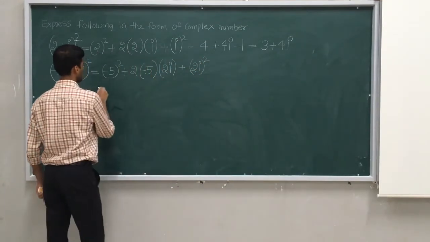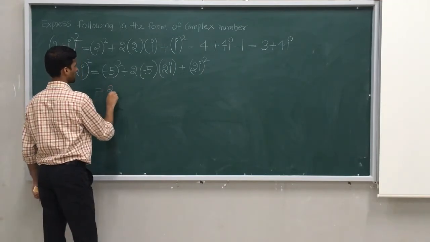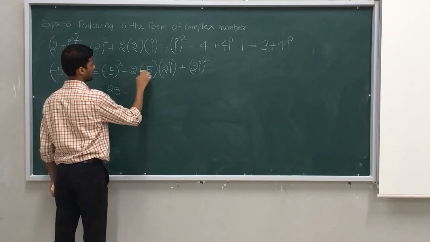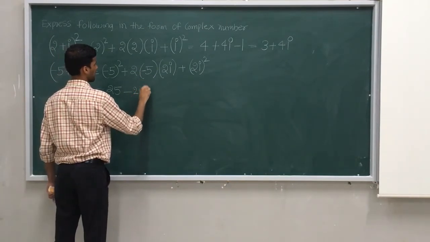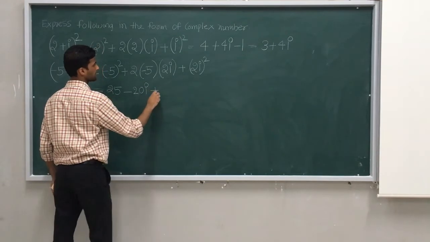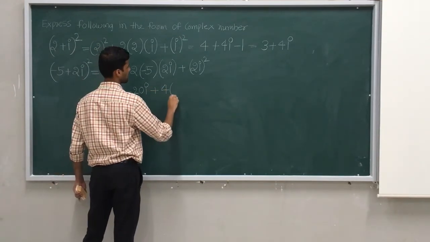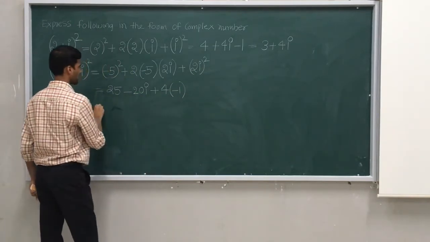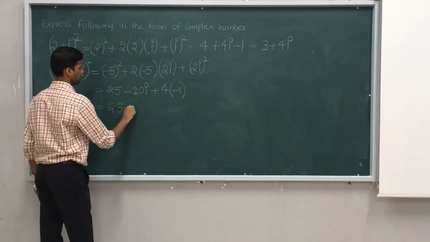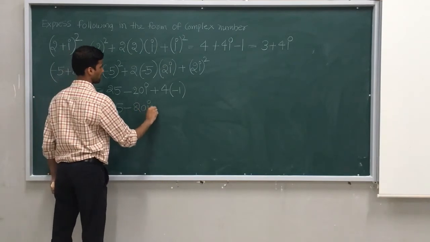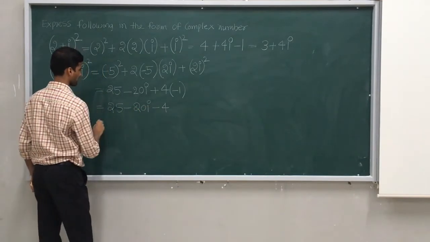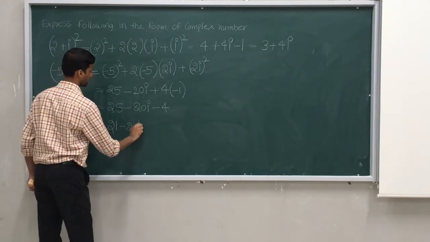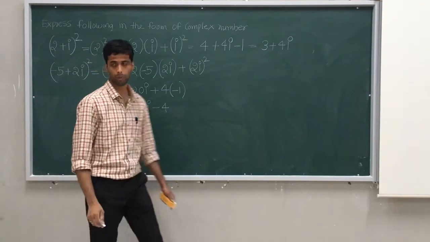When we expand this, it becomes 25, plus into minus minus, 5 2s are 10, 10 2s are 20, so it is 20i, plus 4, 2 square is 4, i square is minus 1. So 25 minus 20i minus 4, 25 minus 4 is 21 minus 20i. That is the complex form of the given question.